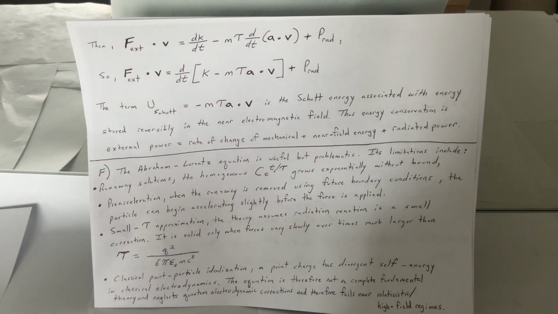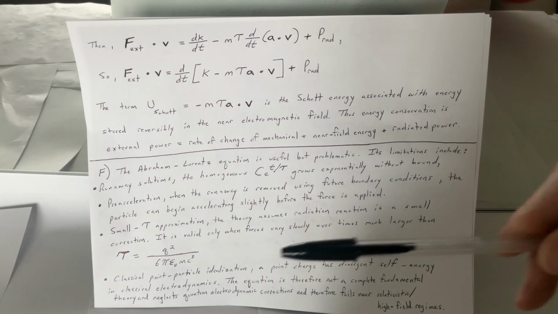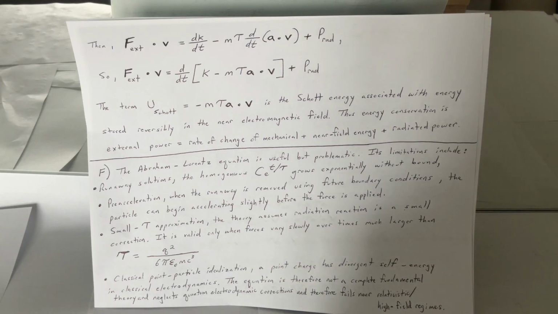For the small tau approximation, the theory assumes radiation reaction is a small correction. It is valid only when forces vary slowly over times much larger than tau equals q squared over 6 pi epsilon naught m c cubed. And for the classical point particle idealization, a point charge has divergent self-energy in classical electrodynamics.